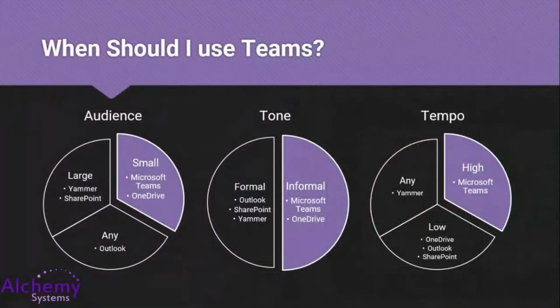So Teams itself fits into Office 365 alongside things like Outlook. And the positioning for Teams is generally scoped towards a smaller audience. So it's based around teams or groups within the company. So you might have, say, the finance department that need to collaborate on something.